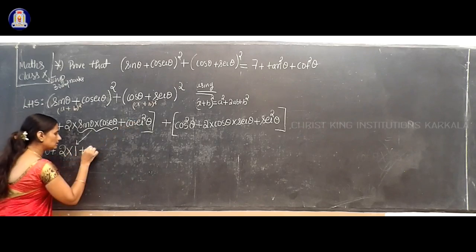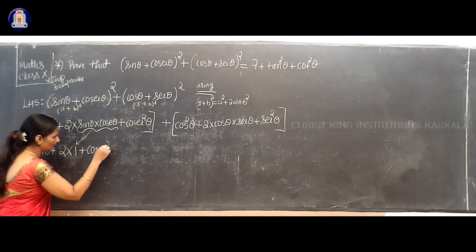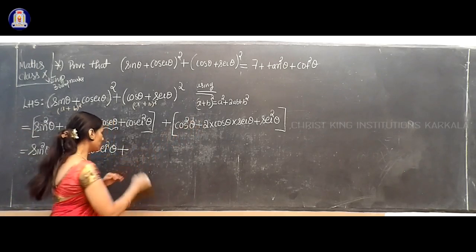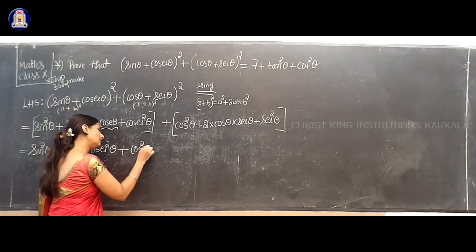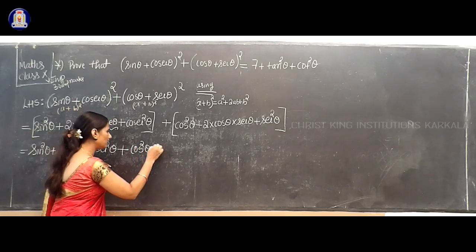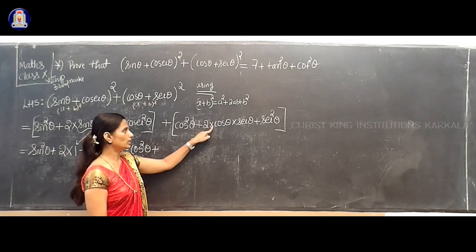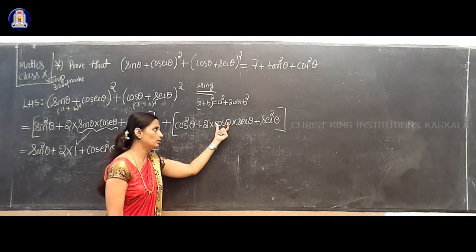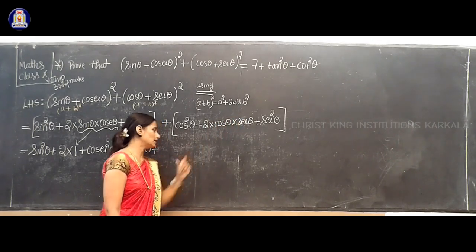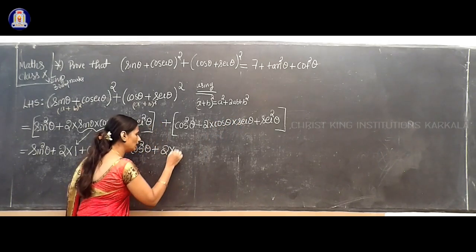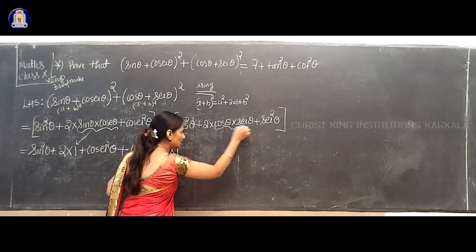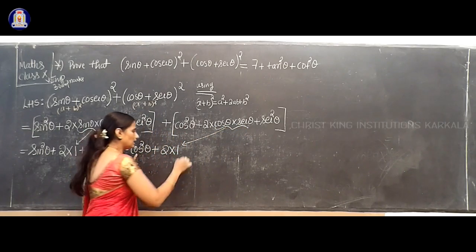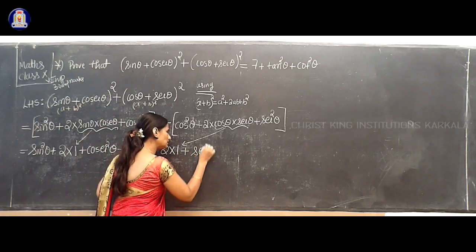Plus cosecant square theta as it is. Now from the second bracket, cos square theta plus 2 into cos theta into secant theta. Cos theta into secant theta is equal to 1. Next plus secant square theta.